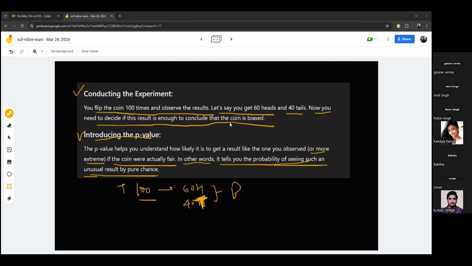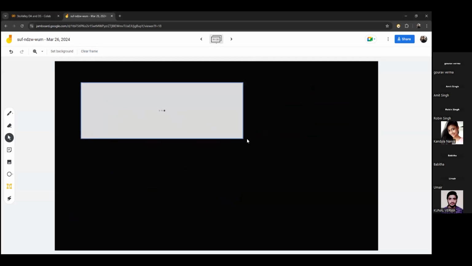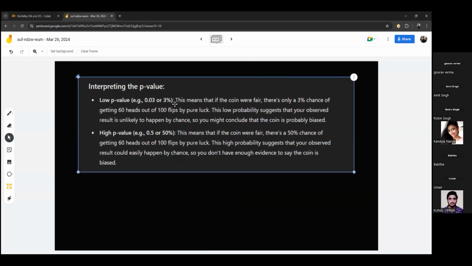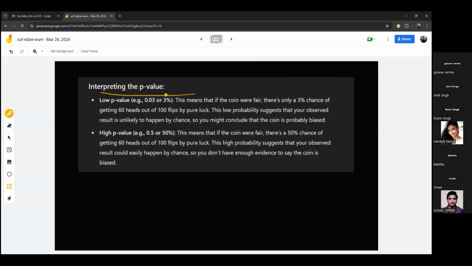Okay, we can say now. So in this scenario, how will we approach the p value? See this. Interpreting the p values, right? So how we'll do it?